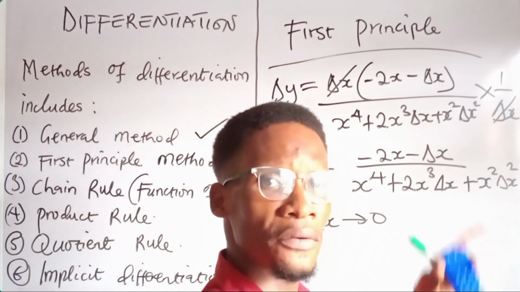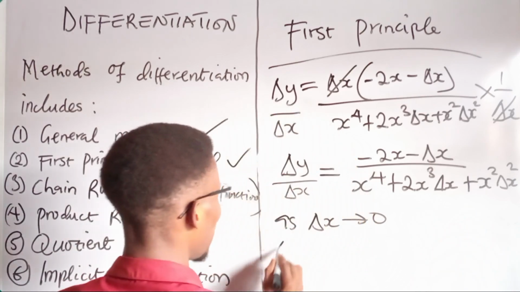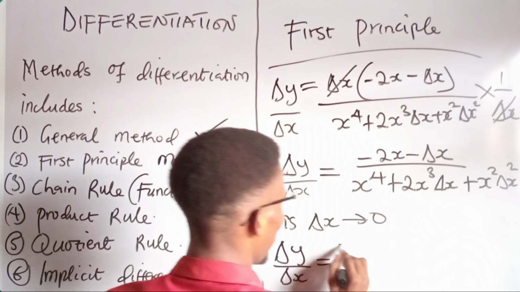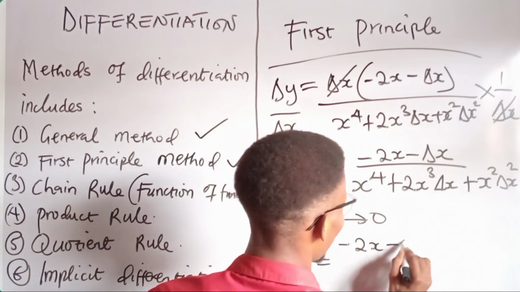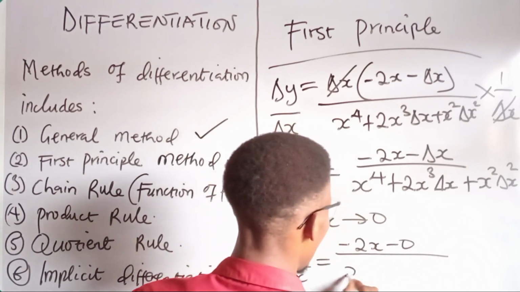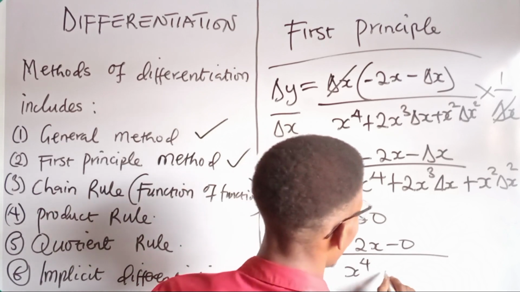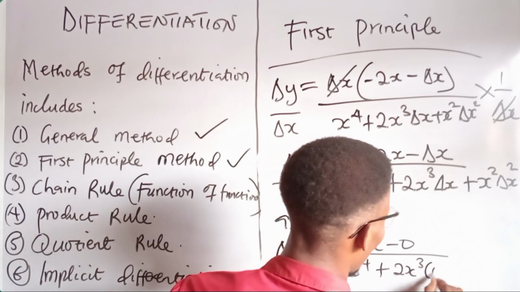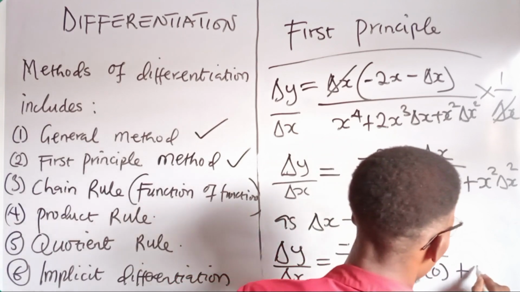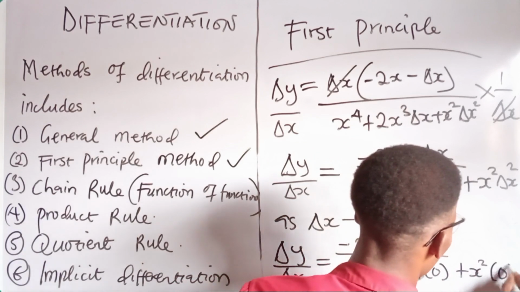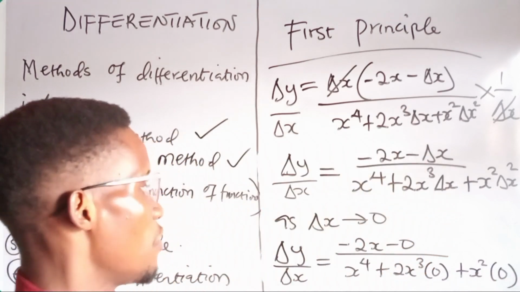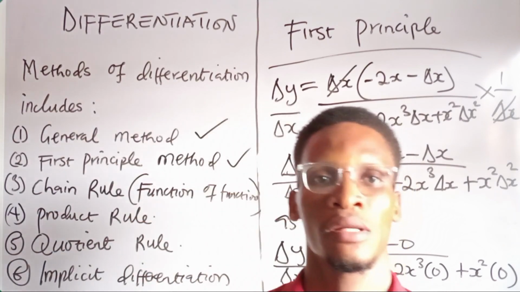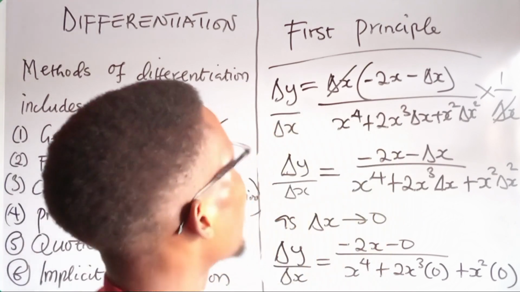All right, so now you have change in y over change in s is equal to minus 2s minus 0 all over s raised to power 4 plus 2s raised to power 3 bracket 0 plus s raised to power 2 bracket 0. And if you have 0 multiplying a particular number, it means that number is also 0.